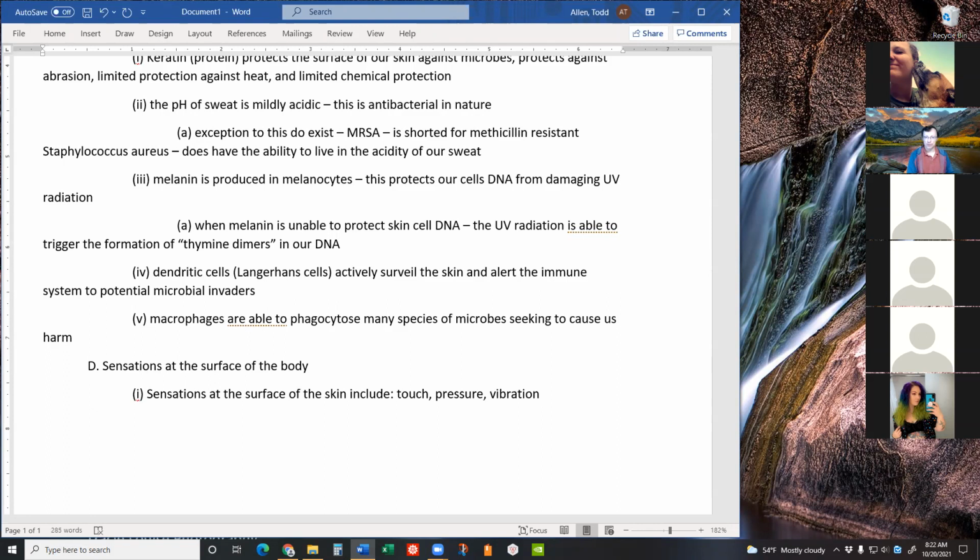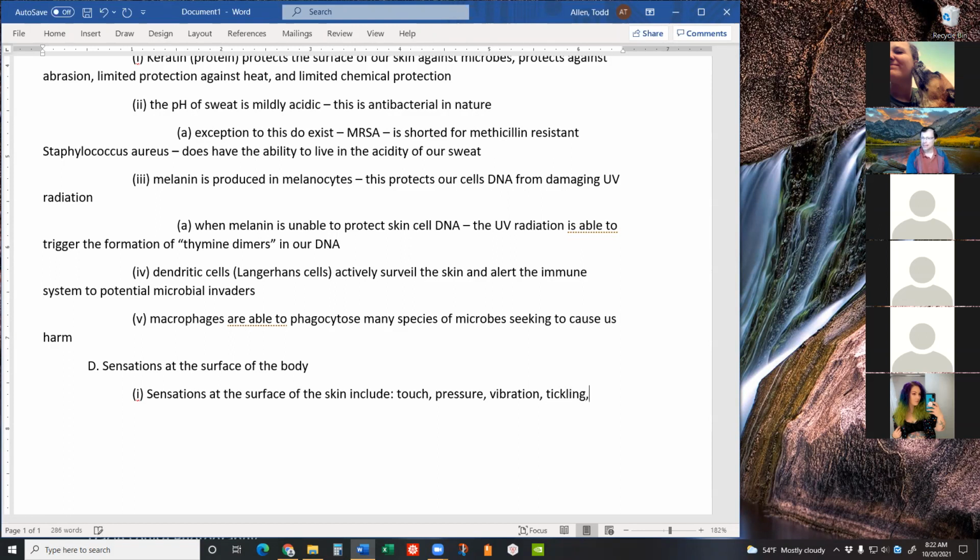There are actually different nerve endings, if you will, for lack of a deeper understanding at this moment. There's different types of nerve endings that convey different types of sensations at the surface of the skin. We'll be talking more about those later in our course, but we can detect vibration.